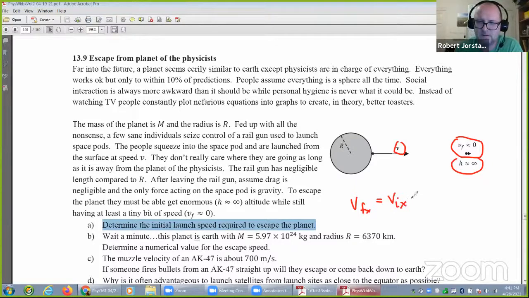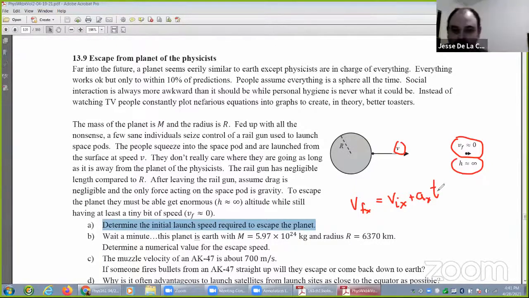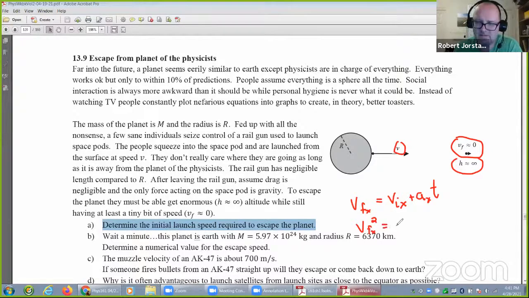Okay. Now I'm going to write that down and I want to talk about it. The other one that you might use could be v final x squared equals v initial x squared. That's kind of our gut reaction. When you see a problem and you want to figure this out, we might want to grab this equation.